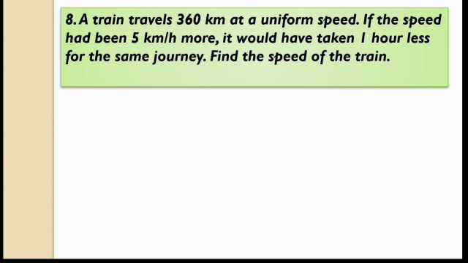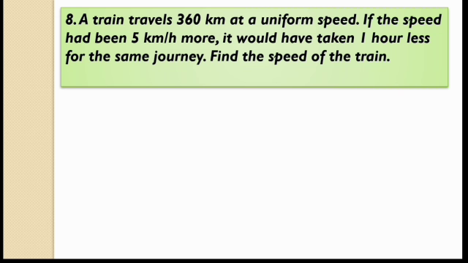Question number 8 is: a train travels 360 km at a uniform speed. If the speed had been 5 km per hour more, it would have taken 1 hour less for the same journey. Find the speed of the train. As we know, students, if speed increases, obviously the time taken to complete the same journey will decrease, and here we have to find the speed of the train.